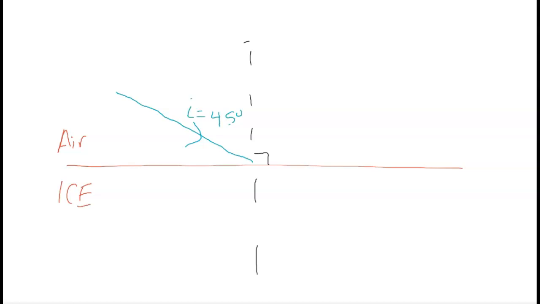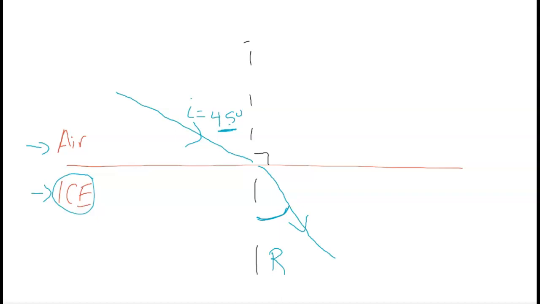Well, I know that, moving from air into ice, I'm going from a less dense to a more dense material. I'm going to expect that light ray to bend towards the normal. And so in other words, I'm going to expect this angle R here to be lower than 45.